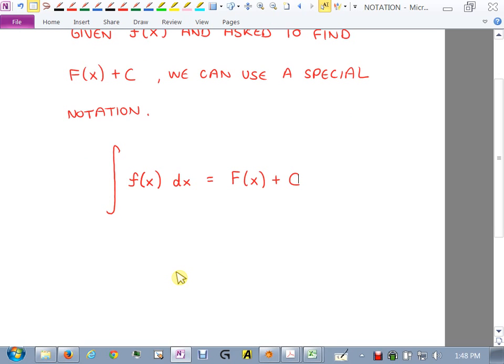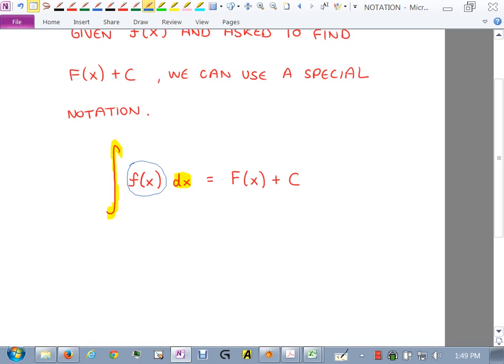In other words, this notation tells you this: if you see this symbol with the little dx sitting there on either side of your function, that is telling you to find the general antiderivative.